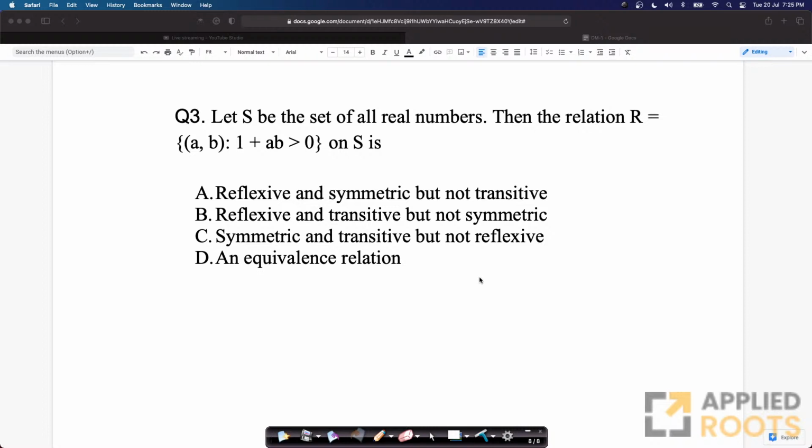Again, this is a simple question, folks. I see a lot of you making mistakes here, so please rectify. This is an easy question. This is like a typical, again, 1 mark question from relations. I see some of you making mistakes.